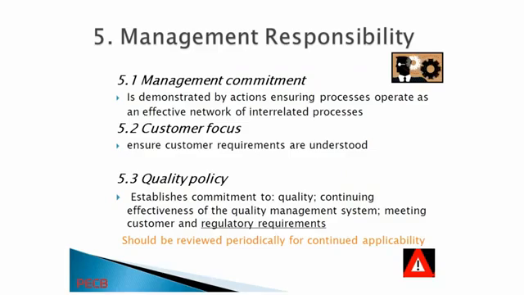And 5.3 is the quality policy: establish commitment to quality, continuing effectiveness of the quality management system, meeting customer and regulatory requirements. So if we conclude this slide, it starts with the management commitment, the customer focus and quality policy.